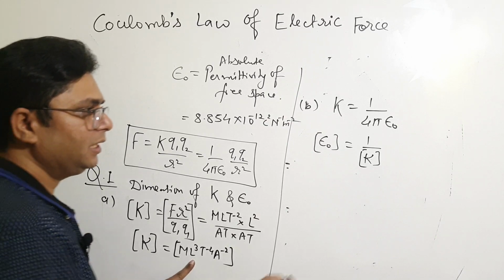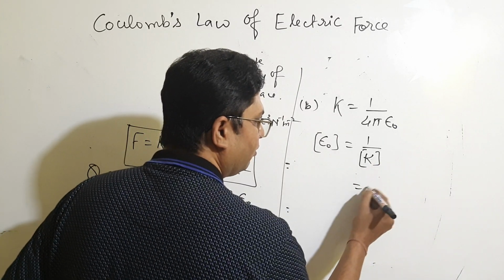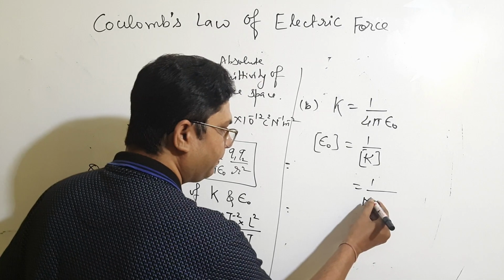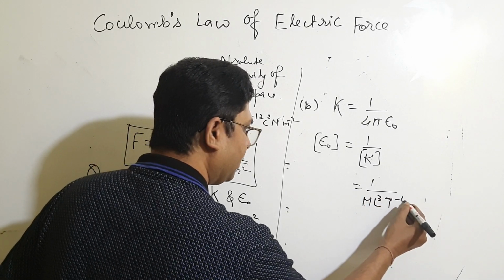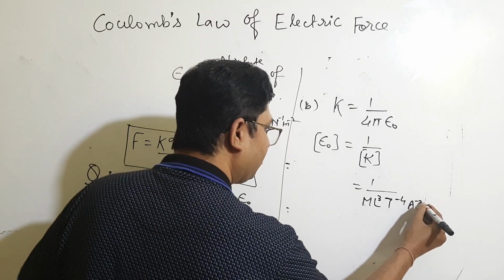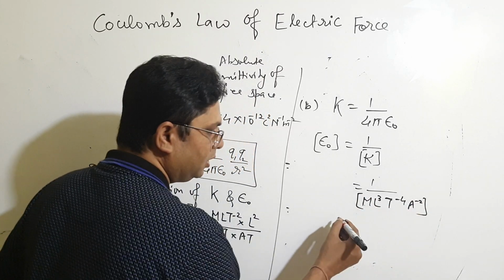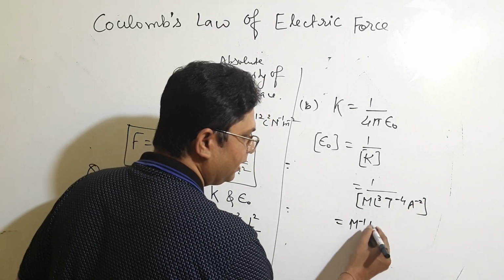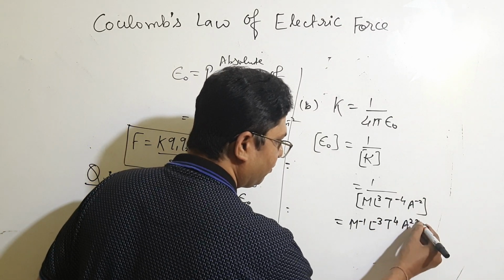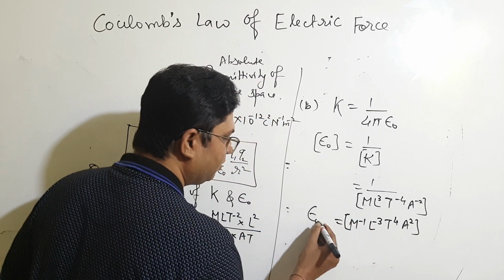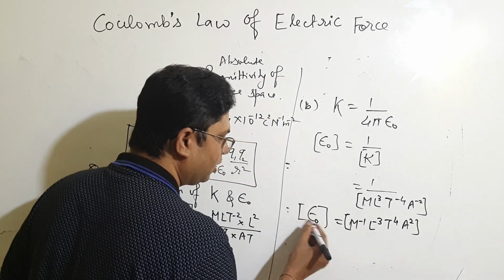K dimension is M L to the power 3 T to the power minus 4 A to the power minus 2. So this comes to be M to the power minus 1 L to the power minus 3 T to the power plus 4 A to the power plus 2. This is the dimension for epsilon naught.